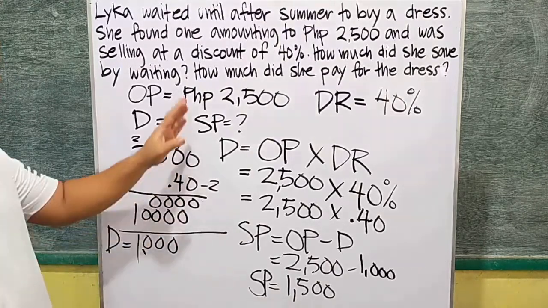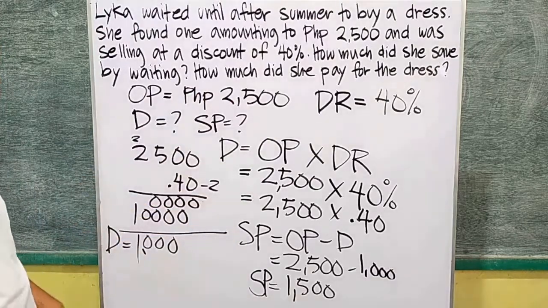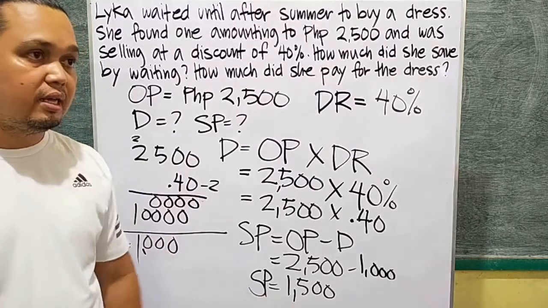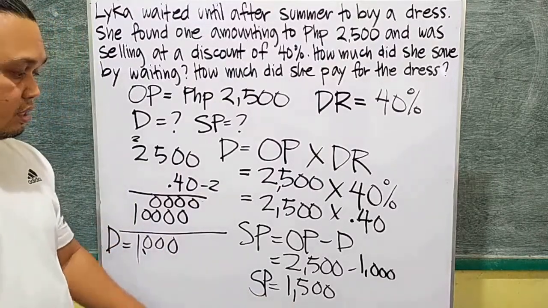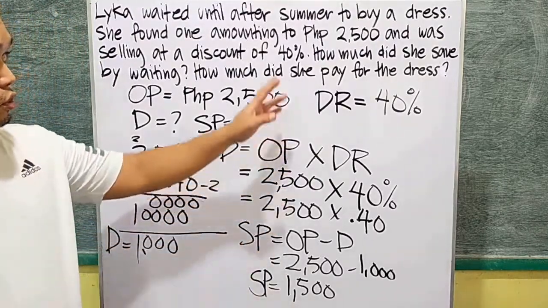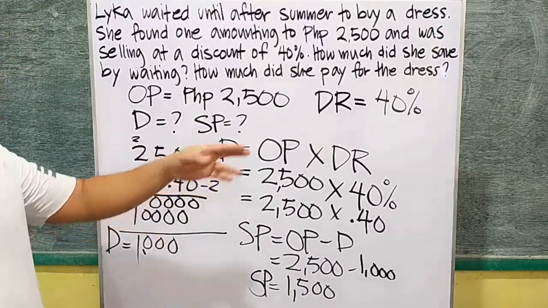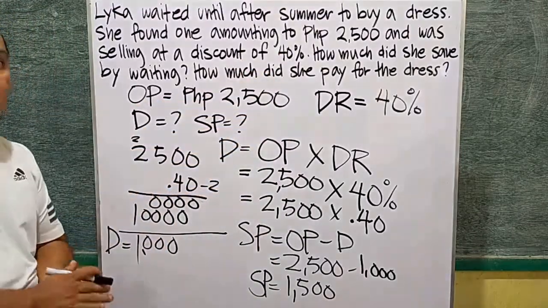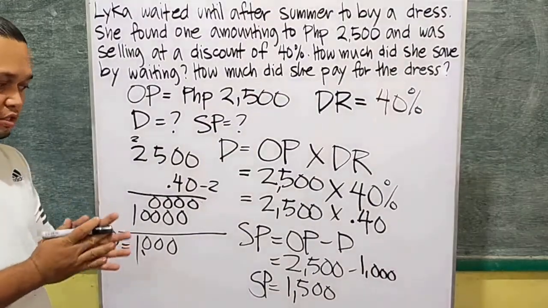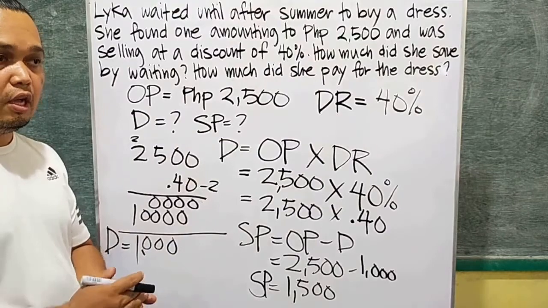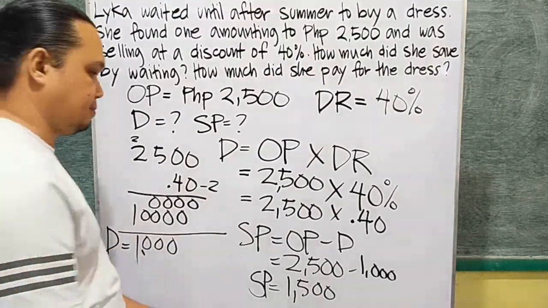And how much did she pay for the dress? She paid 1,500 pesos instead of 2,500 because the dress was discounted by 40%. So that's how we apply percent. Let's solve some more examples.